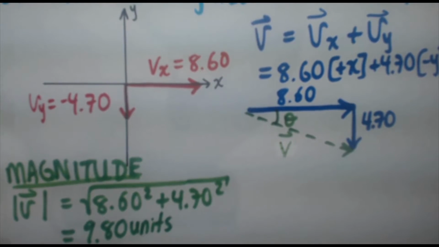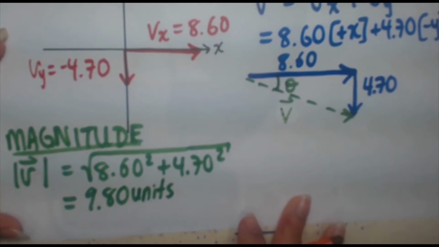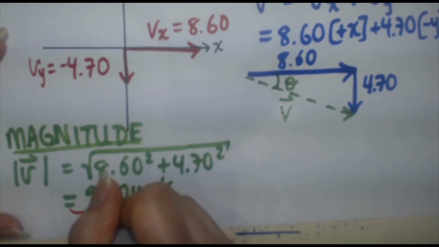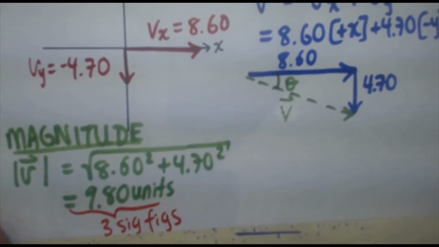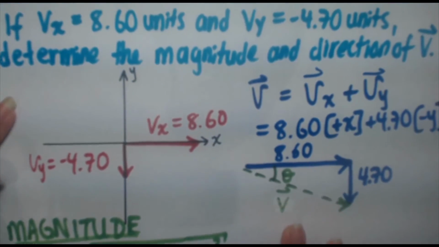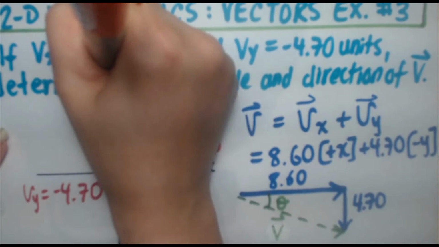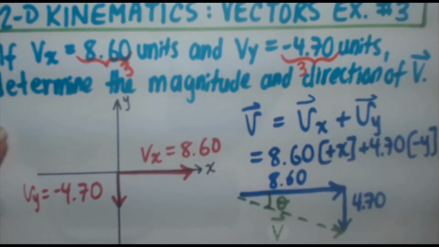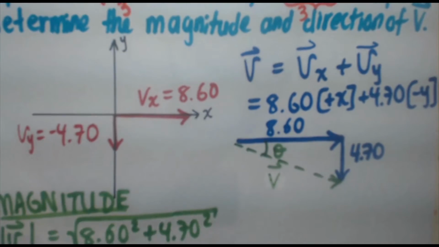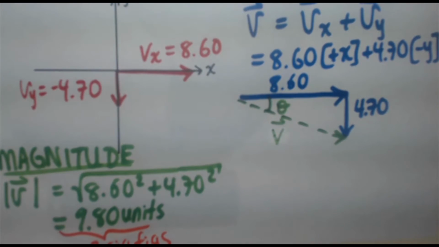And just double check, it should be to 3 sig figs based on the data in our question. And sure enough, 9.80 is 3 sig figs. If you want to double check in the question, we've got 8.60, that's 3, minus 4.70, that is also 3. Okay, so we've got our magnitude, 9.80.